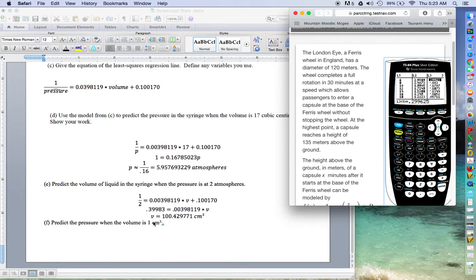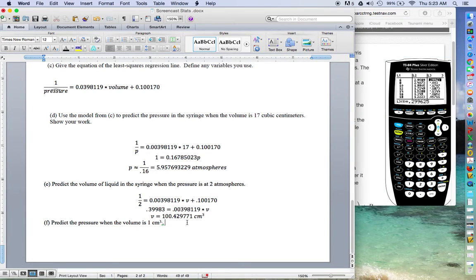When they ask us to do a volume of 1 centimeter cubed, that's an x of 1. X of 1 is pretty far outside below the range of values here. So we could try that, but something about the situation might change dramatically, I think. That's not really a valid prediction.